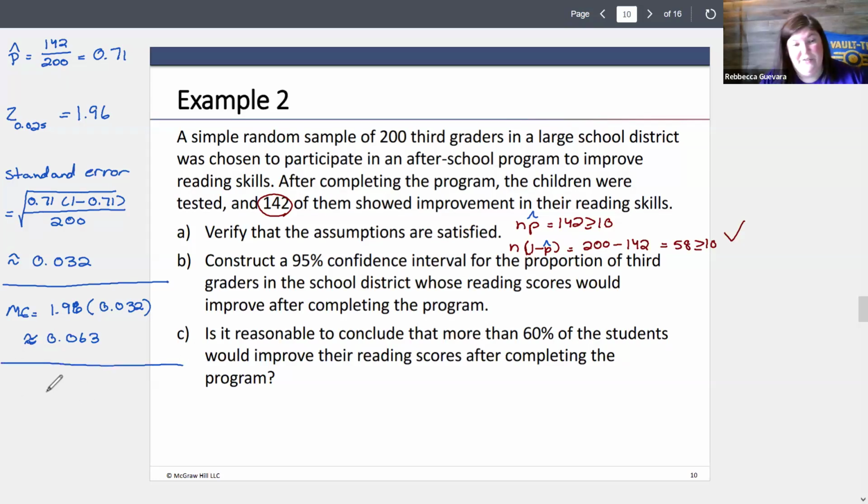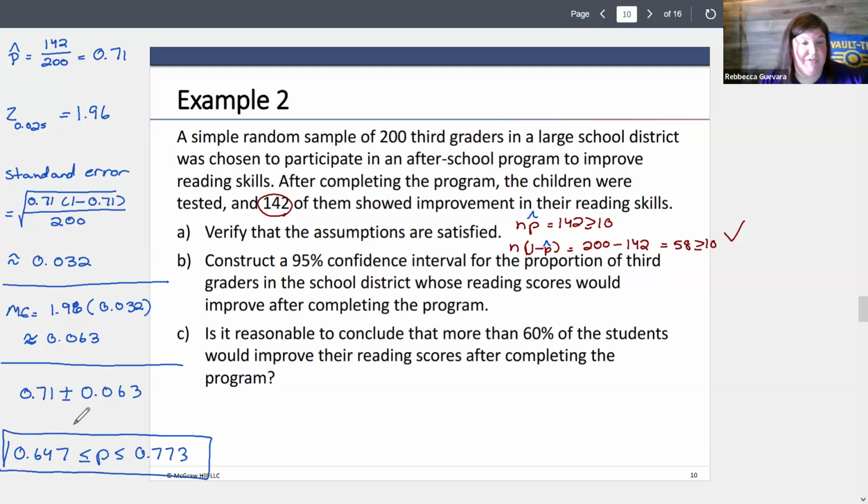So my 95% confidence interval is my point estimate of 0.71 plus or minus my margin of error of 0.063. So my population proportion is going to be between 0.647 and 0.773.